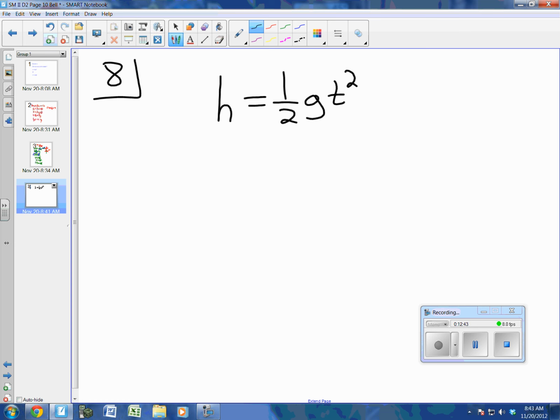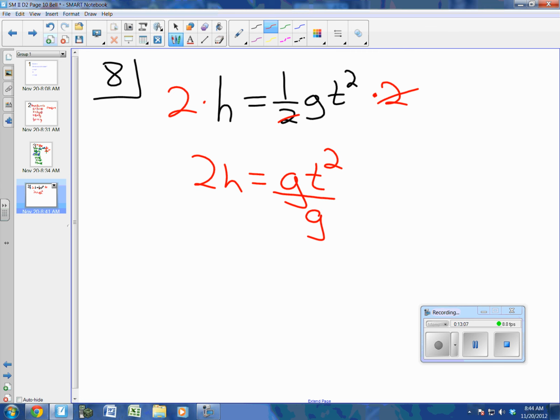Times by 2. If I times both sides by 2, this 2 will cancel that one over there, right? And so I have 2h equals g times t squared. What am I going to do next? Divide by g. G is being times by t squared. The inverse operation is to divide by g.